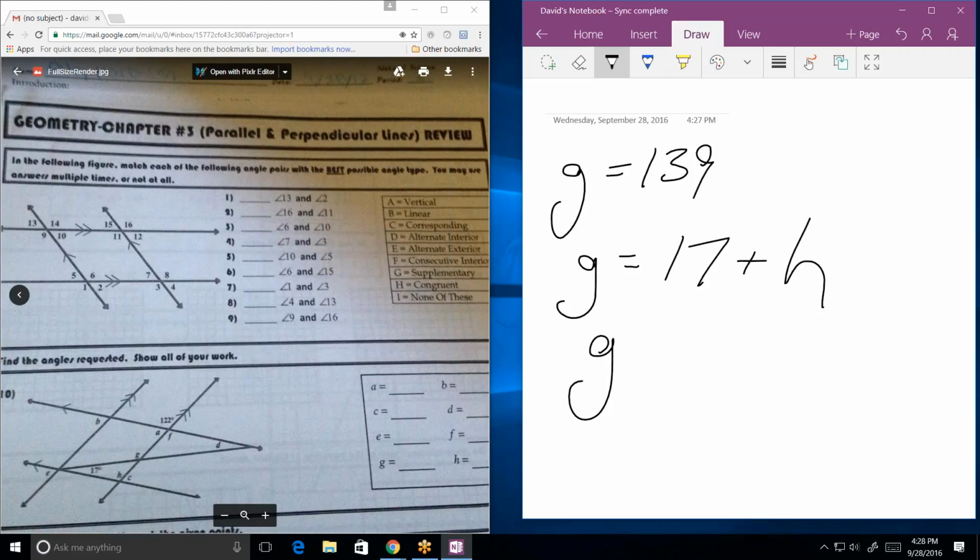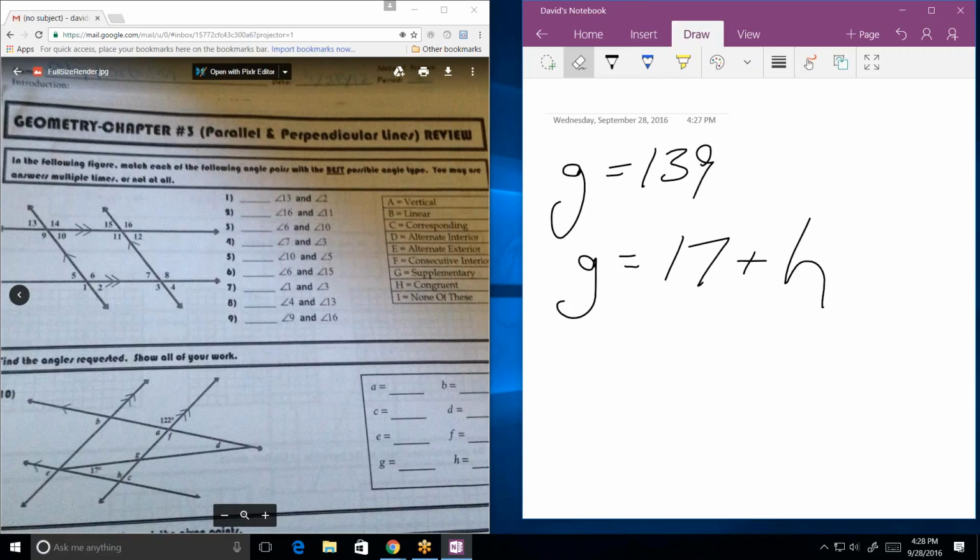So G is equal to 75. Excuse me, I'm sorry. Hold on, let me go back here. I screwed up here. Just a second. Yeah, this is a true statement.